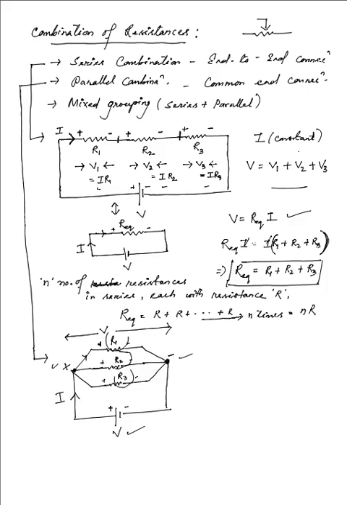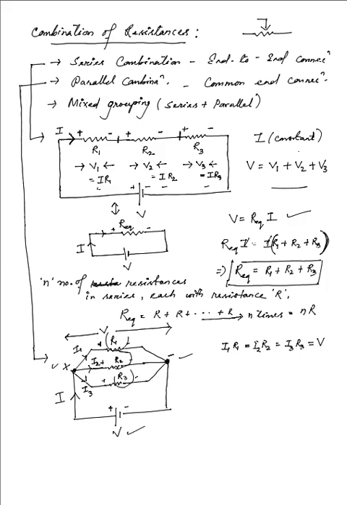So let us say that this is carrying I1 amount of current across R1, I2 amount of current across R2, and I3 is the current flowing across R3, such that we have I1 R1 equal to I2 R2 equal to I3 R3, giving us the same potential difference in case of this common end connection.